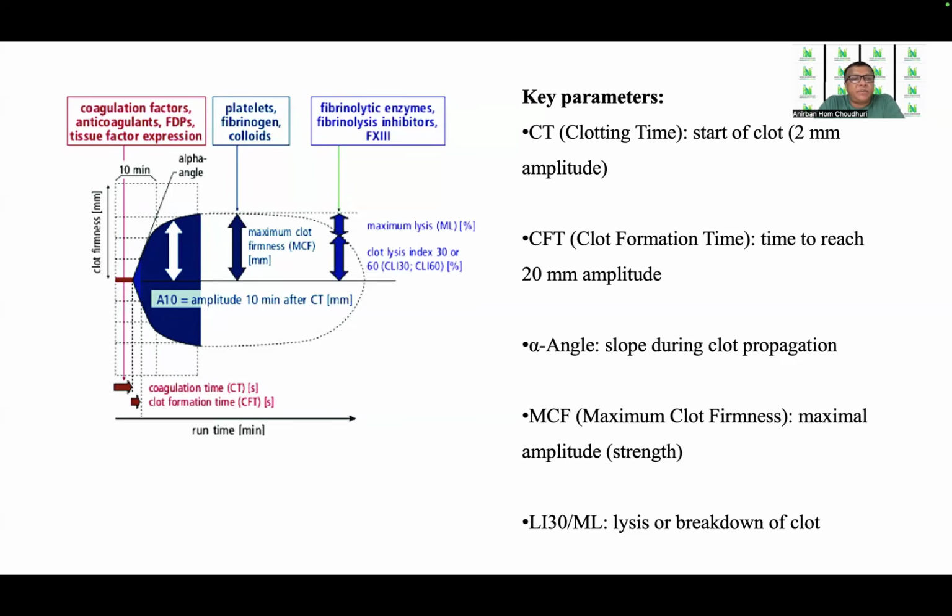Then the maximum firmness and the amplitude 10 minutes after CT all determine the platelets, fibrinogen, colloids, etc. And finally, the lysis is dependent upon the activity of the fibrinolytic enzymes, the fibrinolysis inhibitors, factor 13, etc. So serially, if we look forward, we can know about the factors which are responsible during each of these phases, and subsequently, we can find out by exclusion which are the deficient factors.